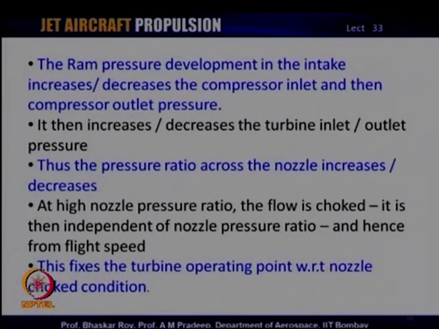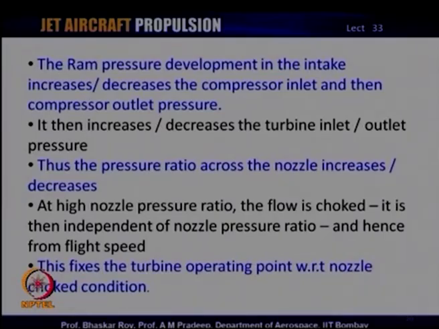If the nozzle pressure ratio is high, the flow is choked, and it is then independent of the nozzle pressure ratio. As soon as it reaches a choking pressure ratio, from there onwards it does not matter what the nozzle inlet pressure is anymore, and it does not matter what the flight speed is anymore.